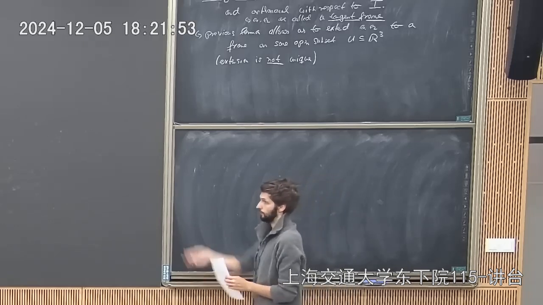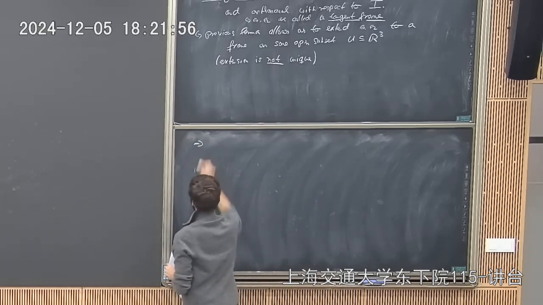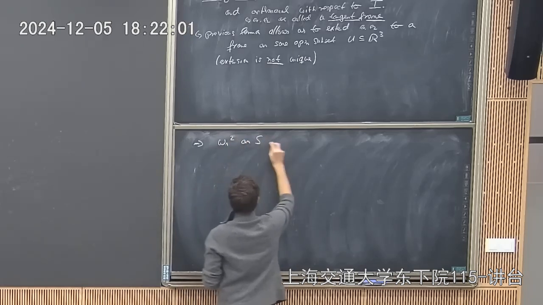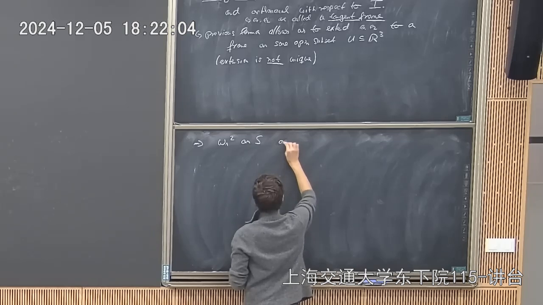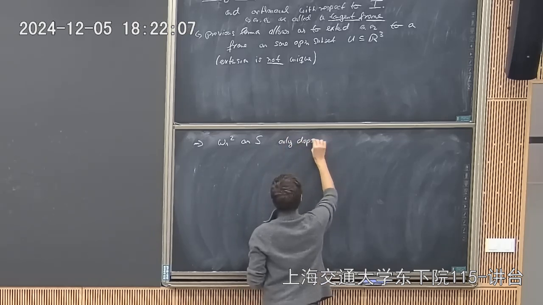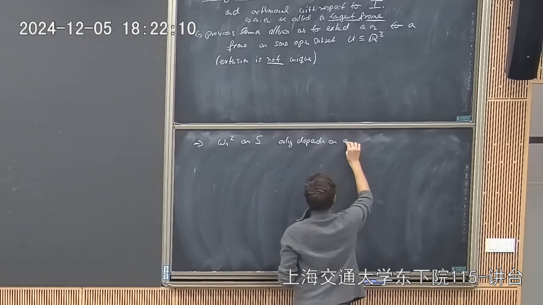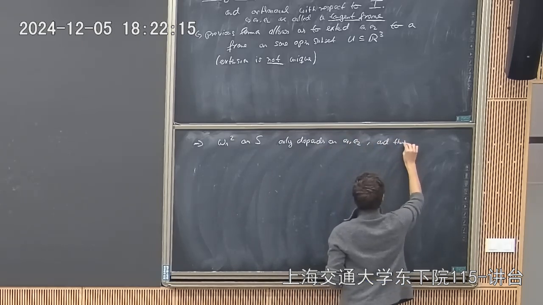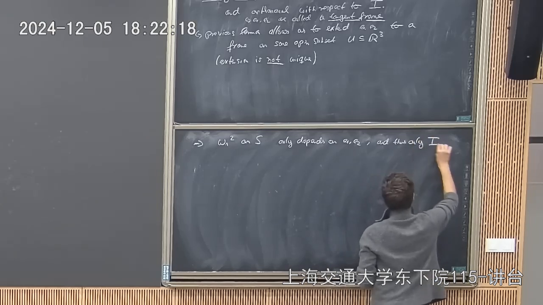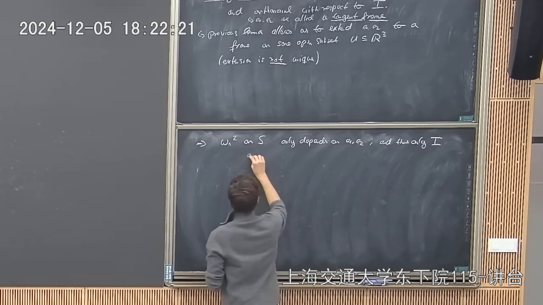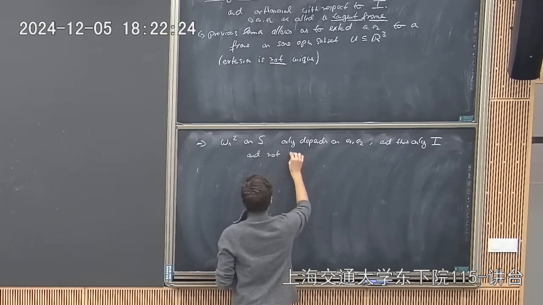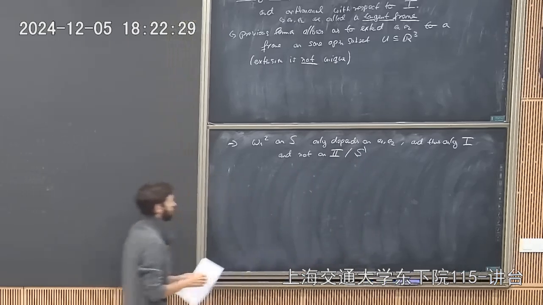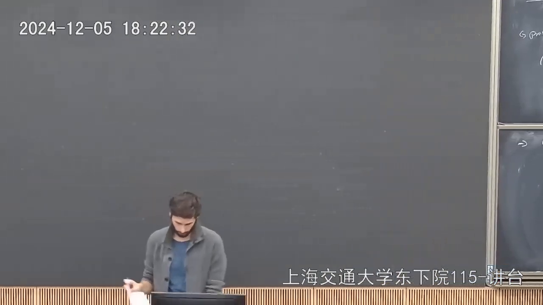The point here is also, if you turn it around, that this lemma shows you that ω12 on S only depends on E1 and E2, and that's only on the first fundamental form, and not on the second fundamental form, or on the shape operator.